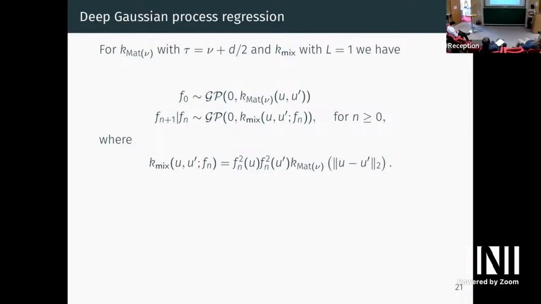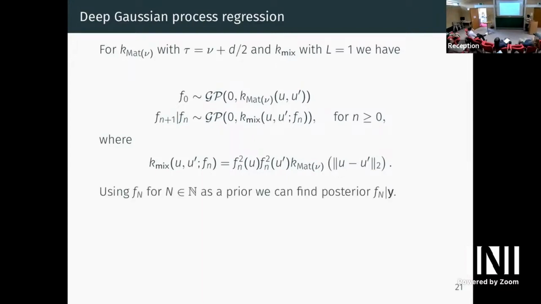Then for the next layer, we use the variance kernel of the mixture kernel, where Fn, with some link function, takes the form of the variance of the function. We want to then use Fn, where we said that Fn is the top layer, and look at the posterior of Fn given the data.